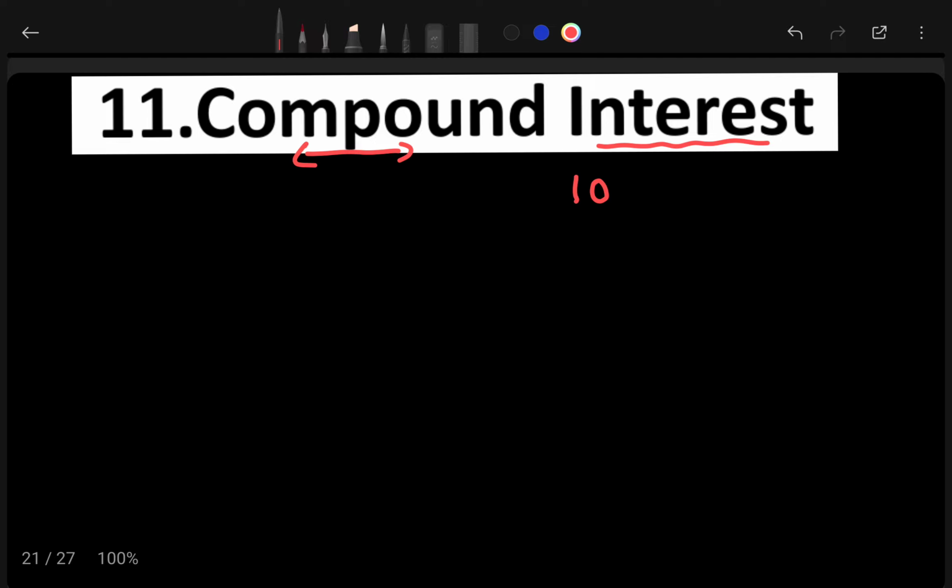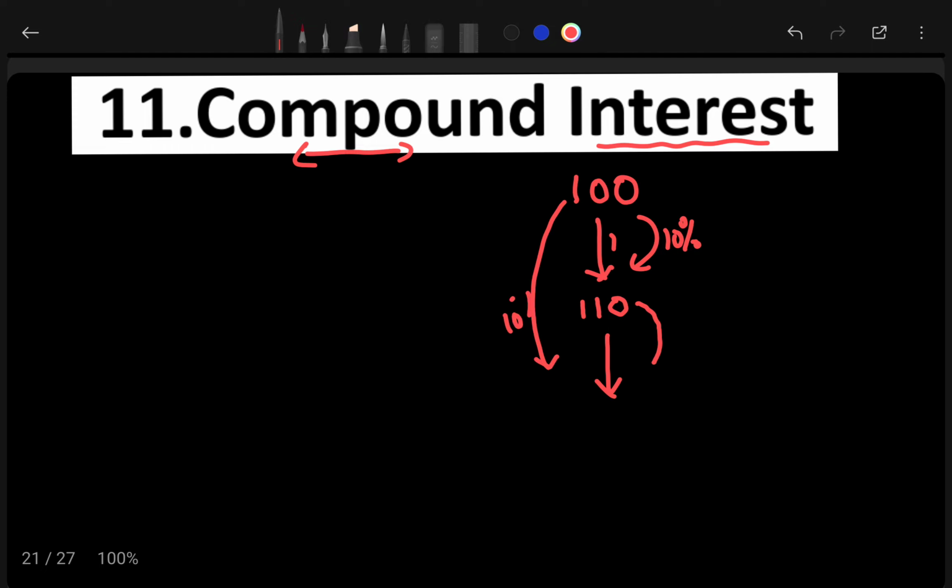Suppose initially I have 100 at 10% interest. In 1 year it becomes 110. But in compound interest, the 10% interest will not be applied again on the 100. The beauty is that 10% will be applied on this 110, which gives me 121.